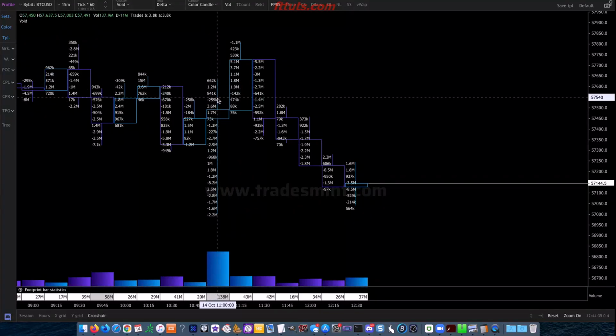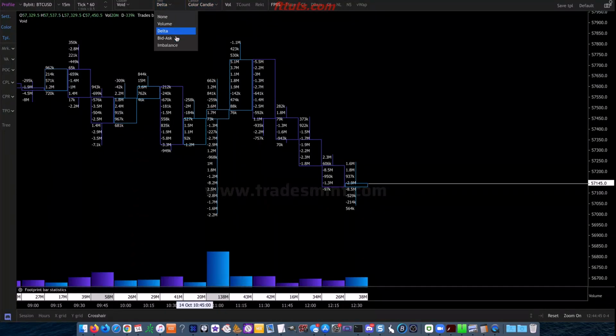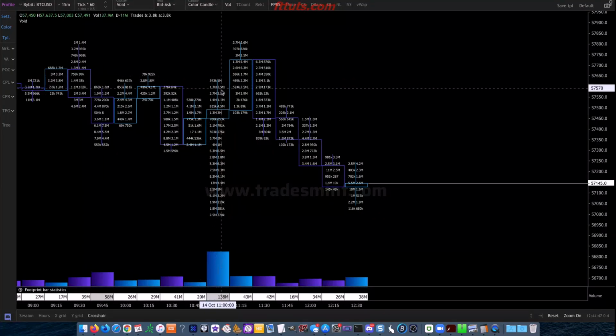Now, if we have negative delta, that means there's more sells than buys, right? So again, we're going to do the buys minus sells. We come down to this negative delta candle. Let's find one that has more sells than buys.